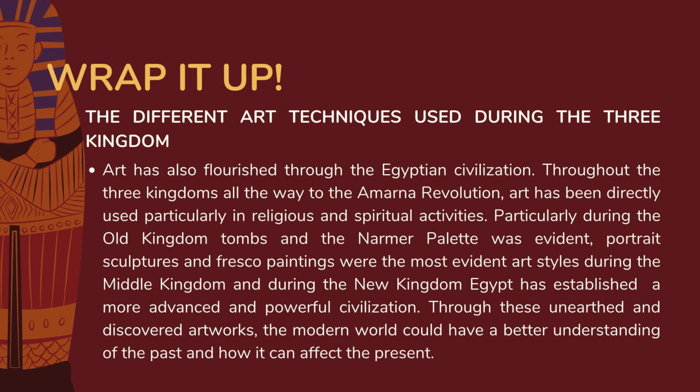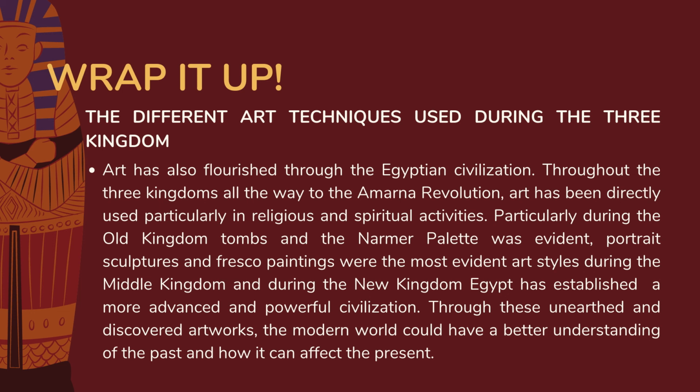Art has also flourished through the Egyptian civilization. Throughout the three kingdoms, all the way to the Amarna Revolution, art has been directly used particularly in religious and spiritual activities. Particularly during the Old Kingdom, tombs and the Narmer palette were evident.